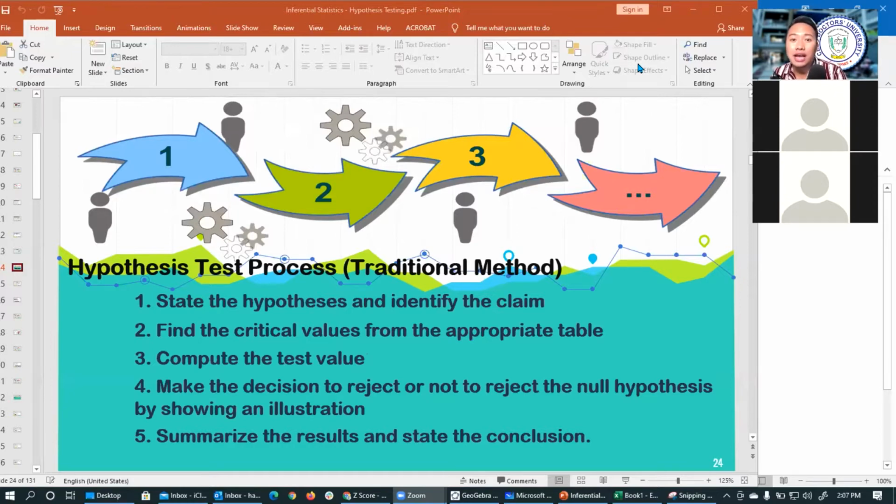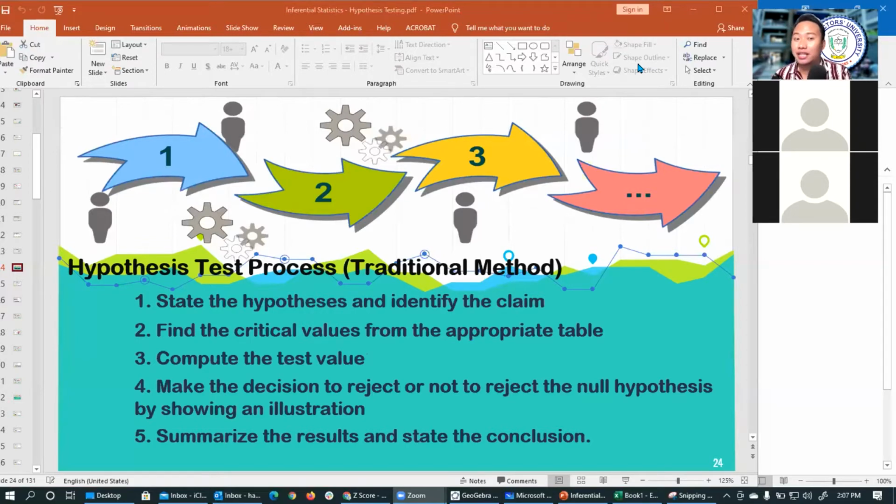So we have the first step, state the null hypothesis and the alternative hypothesis, and then identify the claim. Second is find the critical value from the appropriate table. The reason why I said appropriate table here, guys, is that we're going to be using different tables. One for Z table, one for T table, one for chi-square table, one for ANOVA table, one for regression and correlation analysis table.